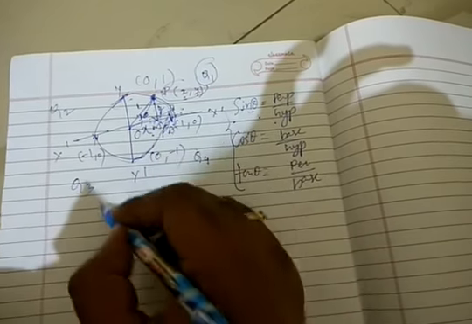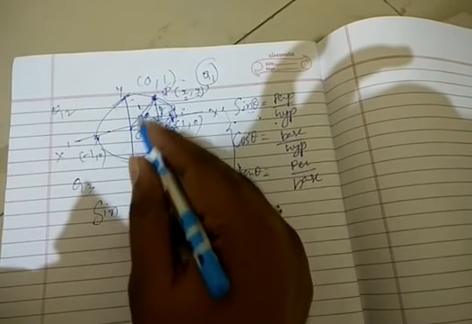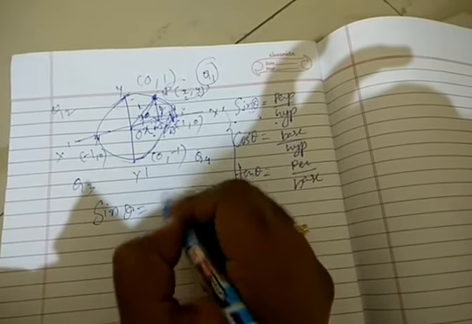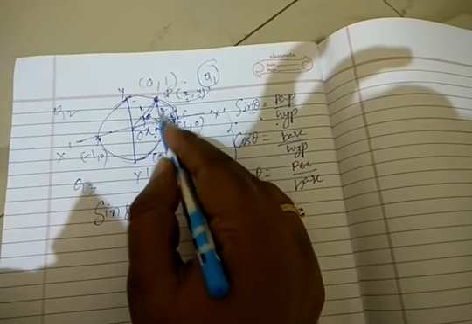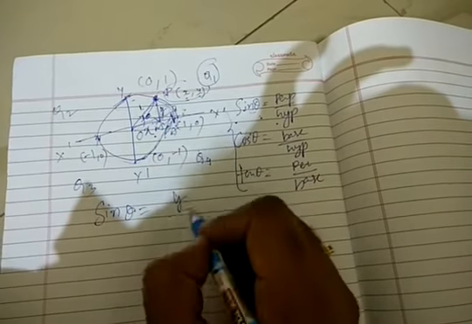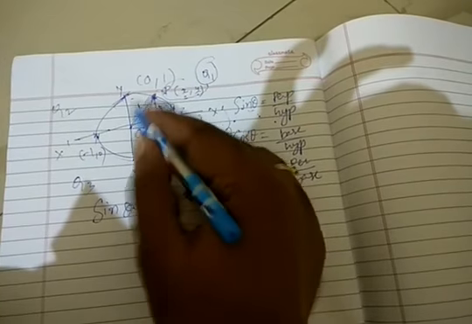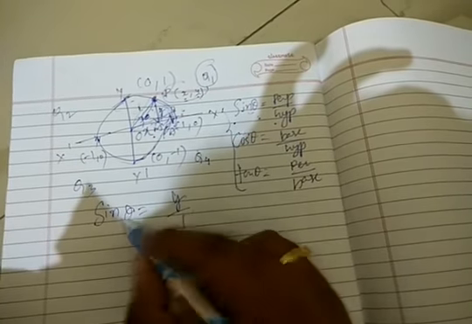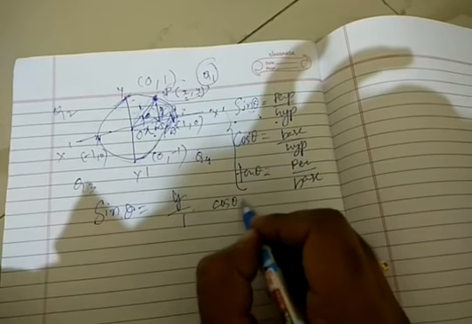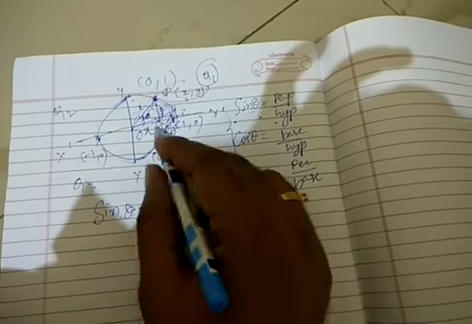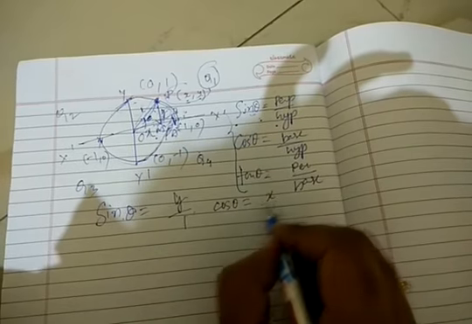Now when I am trying to find sine theta, this is perpendicular. What is the perpendicular here? Perpendicular is y, upon hypotenuse, which is 1. So y is equal to sine theta. In the same way, cos theta is base, which is x upon 1.